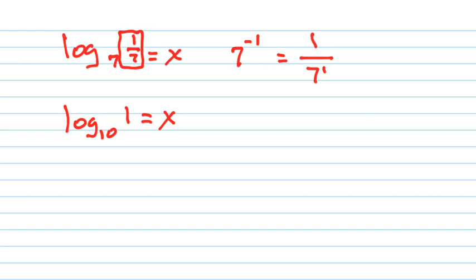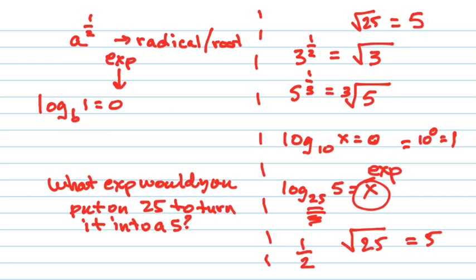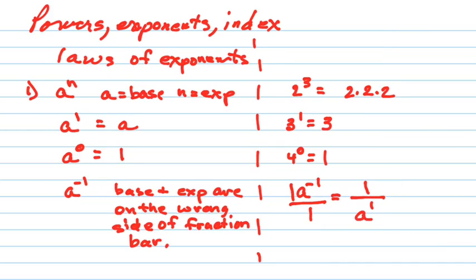Okay? So, let's go back to those exponents. What if I had an exponent on something and it stayed the same number? What's the only exponent that lets the number stay the same? 1. What kind of exponent turns something into a fraction? A negative.